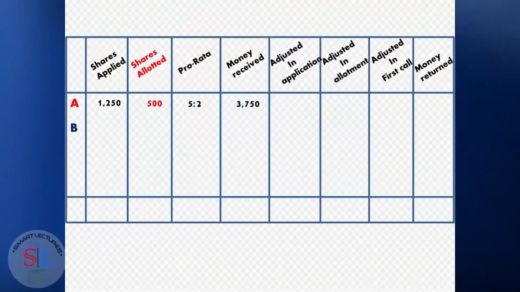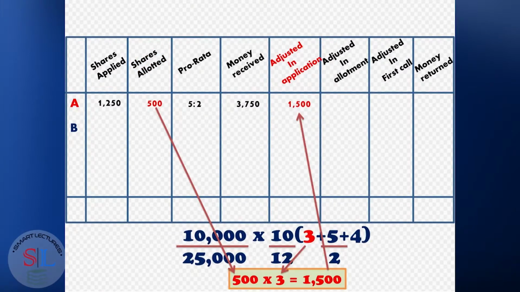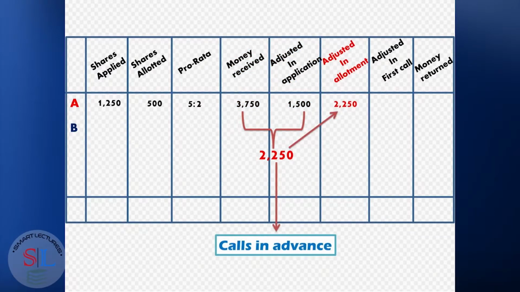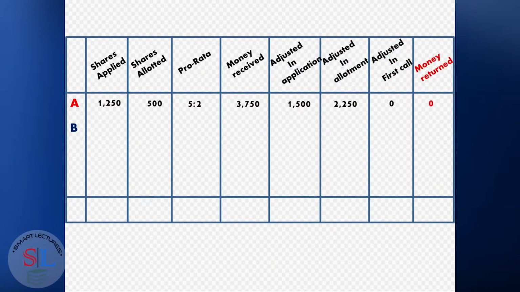Because he was allotted only 500 shares, the company cannot keep more than 1500 on application, means 500 into 3. After 3750, 1500 was kept for application, but still the company had got 2250. It will be adjusted in the allotment as calls in advance, and nothing for first call and nothing was returned.